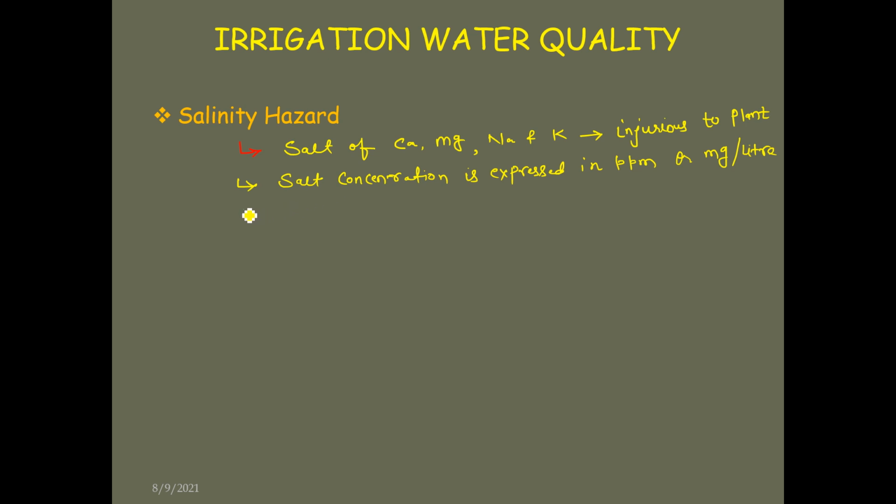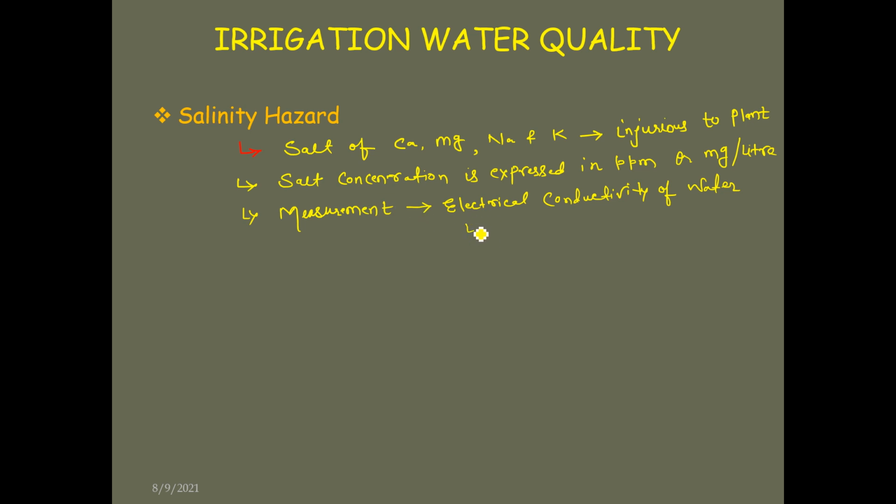So we measure the salt concentration through the electrical conductivity of water. By measuring the electrical conductivity of water, we can categorize it and also know the salt concentration.